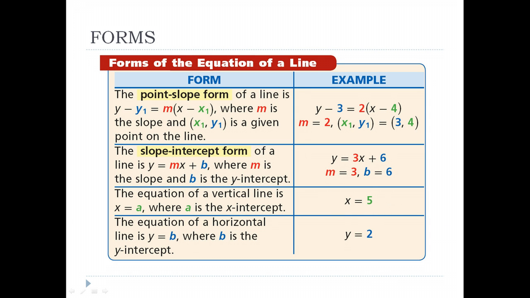A horizontal line has no change in y, so it means that for every x, y will be the same. So we simply write y equals b. That is where it intercepts the y-axis. So in this case, it would be y equals 2. For every x on the line, y equals 2.